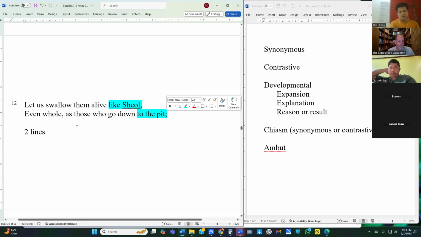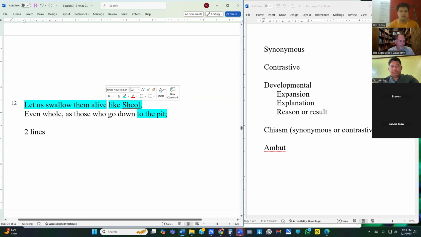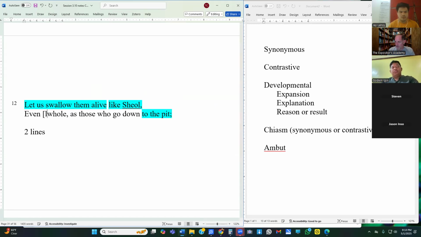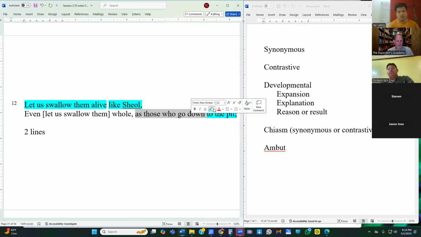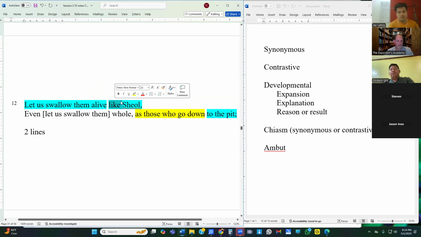And so, swallow them alive, and even whole. Here he doesn't say "let us swallow," but I think that idea is in the second line, right? Yeah, as those who go down.